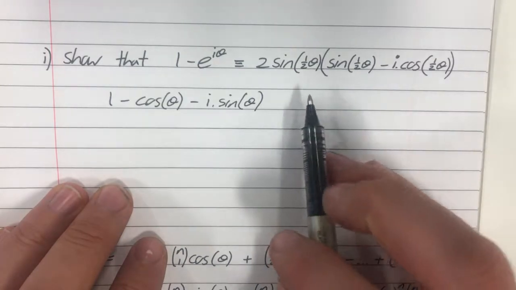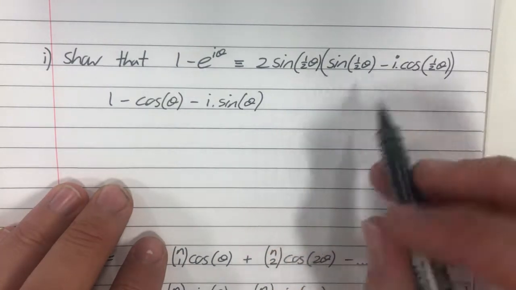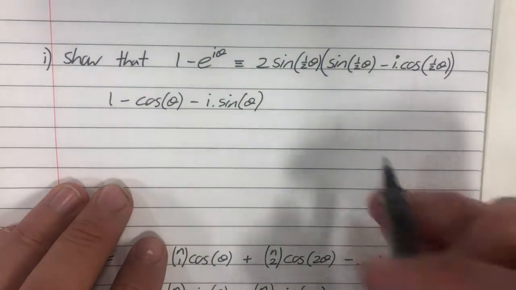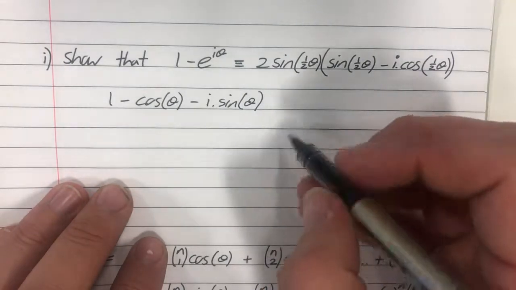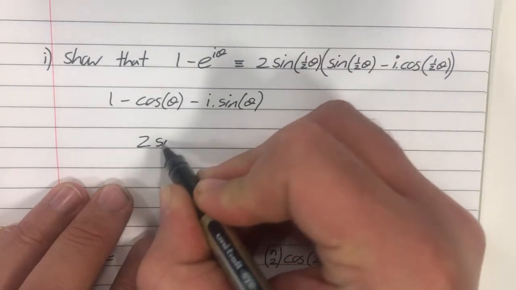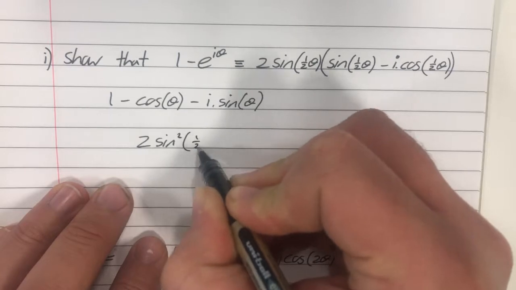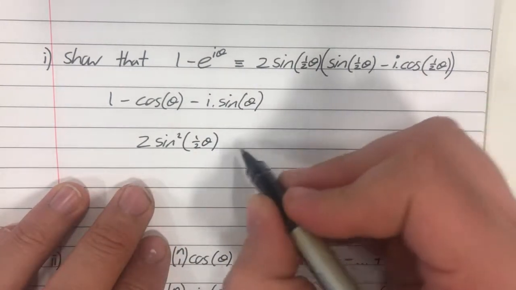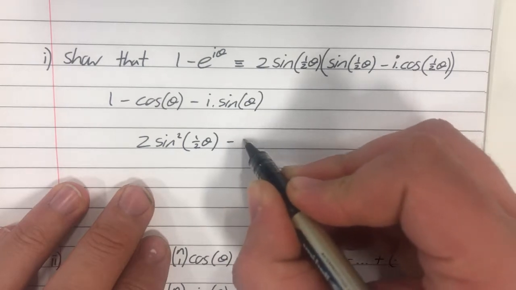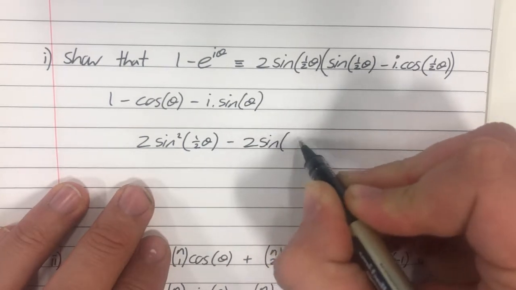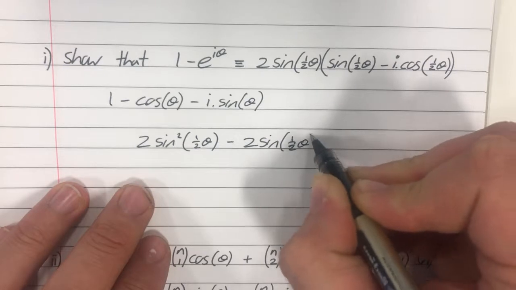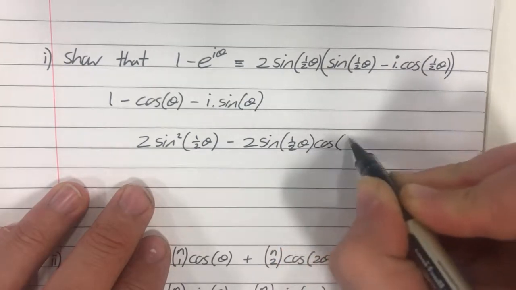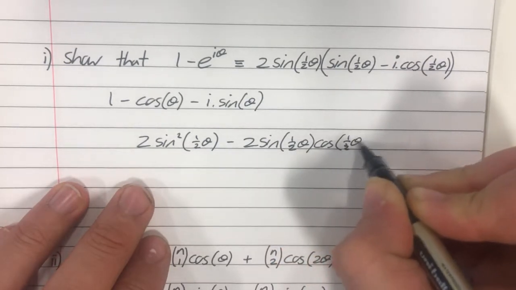And I think I'm going to go the other way, actually. I think I'm going to go from right to left. So let's take the real part of this, which is going to be 2 sine squared of a half theta. And then the imaginary part is going to be minus 2 sine of a half theta times cos of a half theta times i.